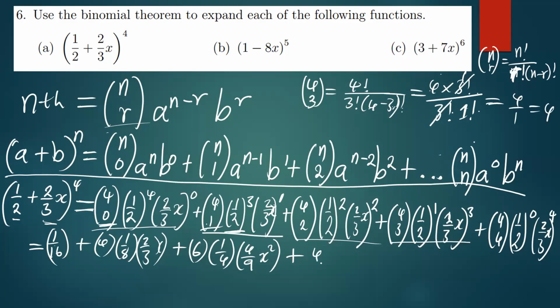So this will also give us 4. And 1 over 2 to the power 1 will give us what? 1 over 2. And then 2 over 3 to the power 3 will give us 2 to the power 3 is 8. 3 to the power 3 gives us what? 27. And then x to the power 3.